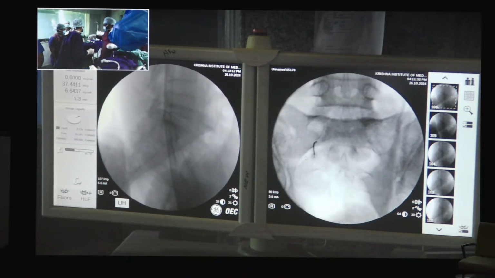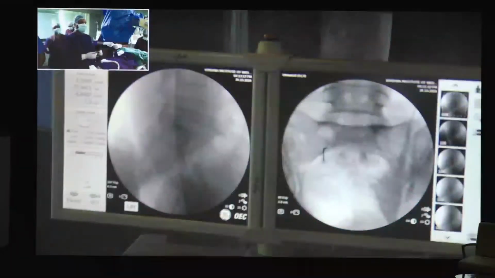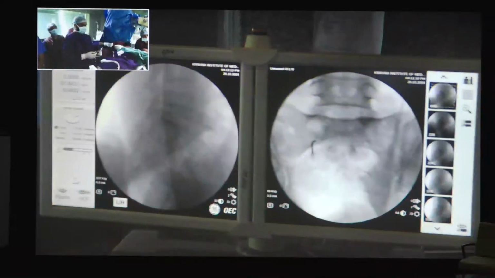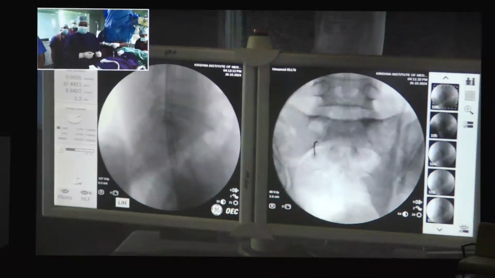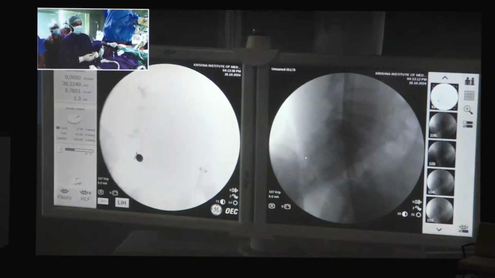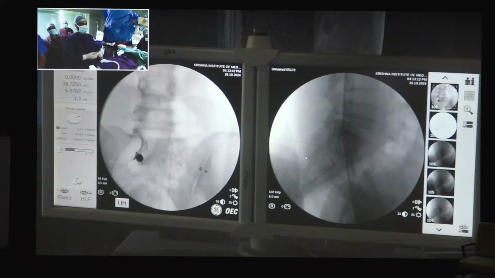KV. So this is spreading along the S1 nerve root, and you can see some dye spreading towards the L5, S1 interlaminar space.